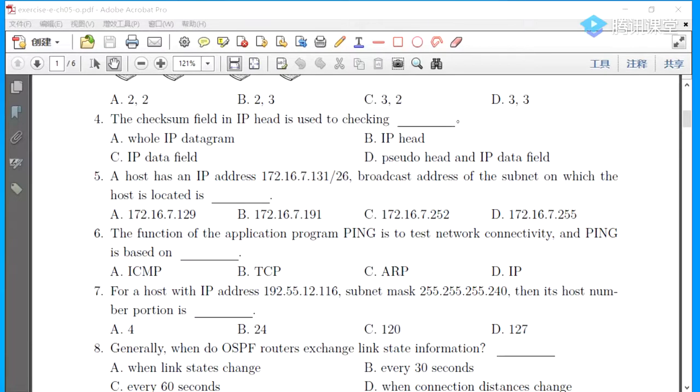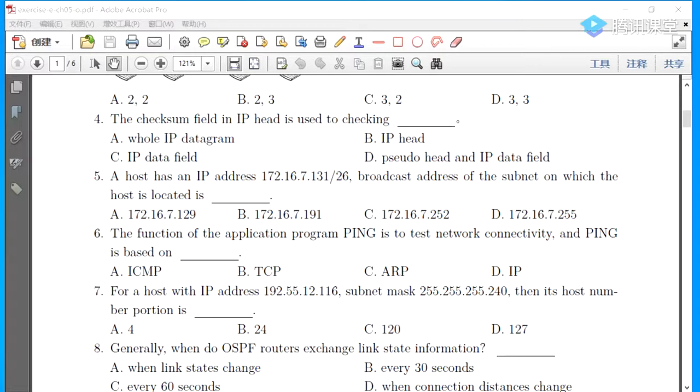A host has an IP address 172.16.7.131/26. /26 means we know the network mask and the length of the prefix.